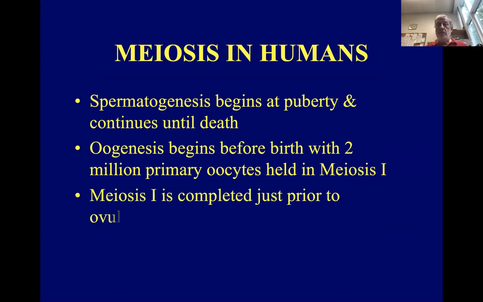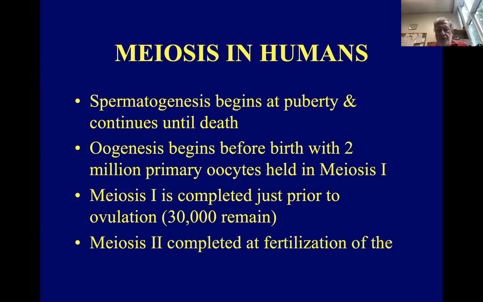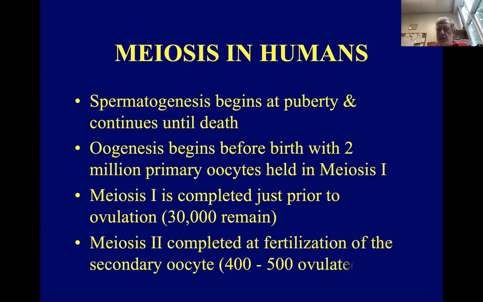Then meiosis 1 is completed just prior to ovulation. By then, about 30,000 primary oocytes remain. And then meiosis 2 isn't completed until fertilization of the secondary oocyte. And so by then, only 400 to 500 ova are ovulated by women throughout their life span.